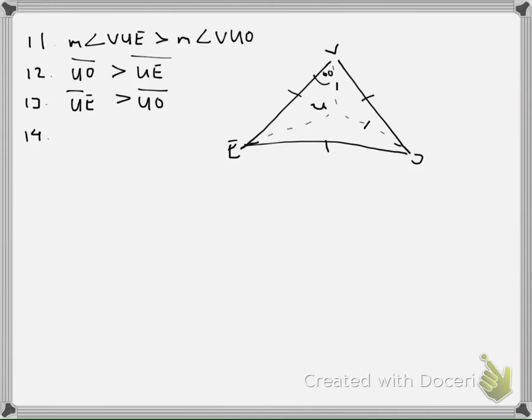Then the largest angle of triangle UVE is angle VUE, because we're trying to find the largest angle of that triangle right there, and so this angle would be largest, VUE.